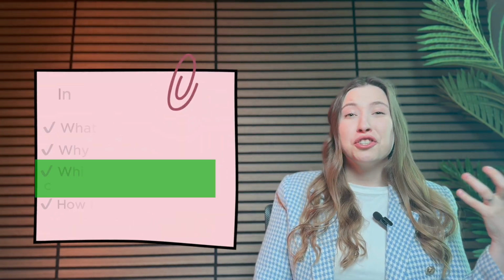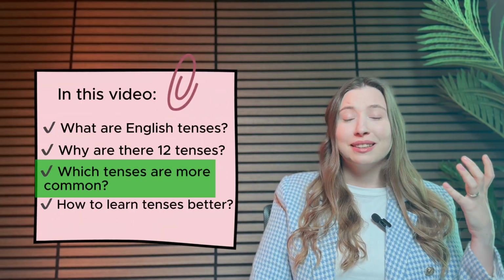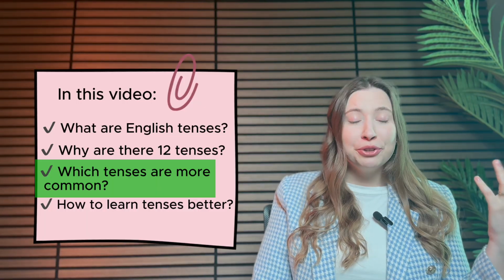Now let's talk about which tenses are actually common and used more frequently. If you are an advanced learner, then yes, mastering 12 tenses is maybe a good idea to keep improving your English. However, some tenses are used far more frequently than others. In fact, half of the tenses cover more than 90% of tense usage in English.